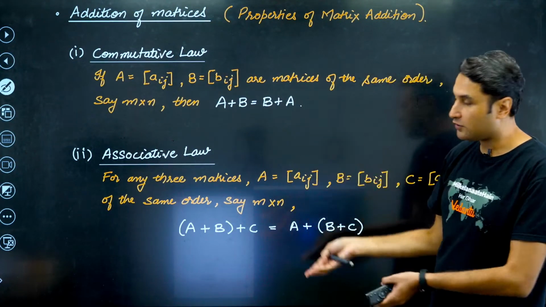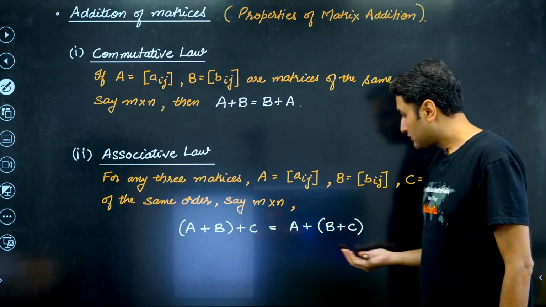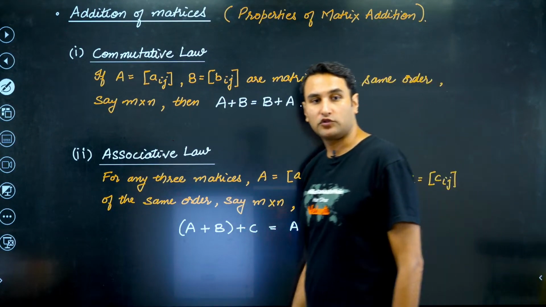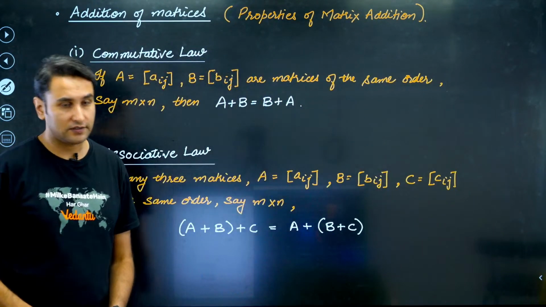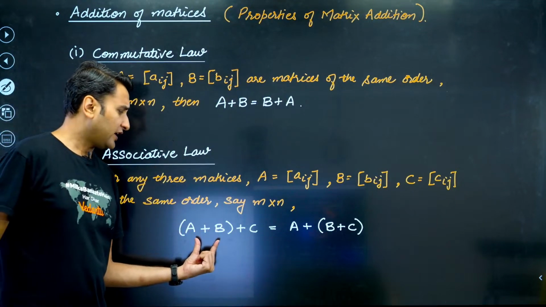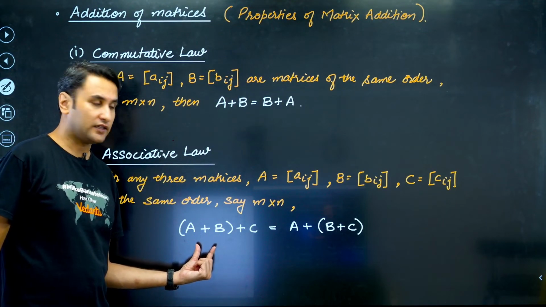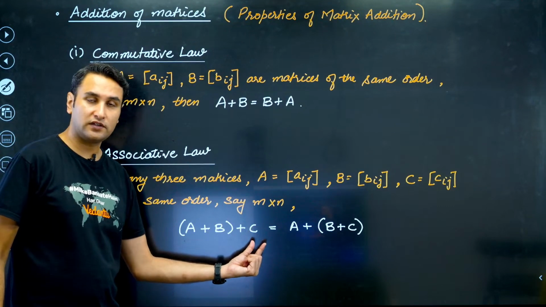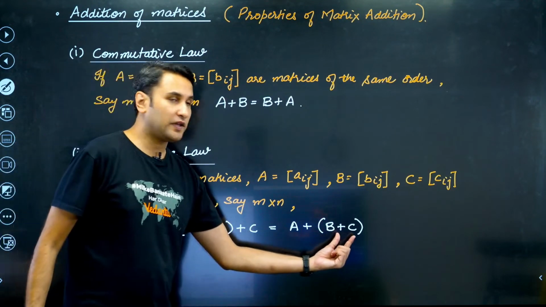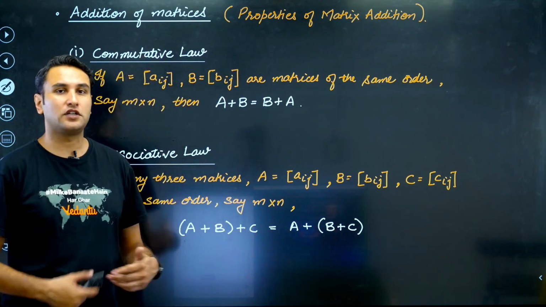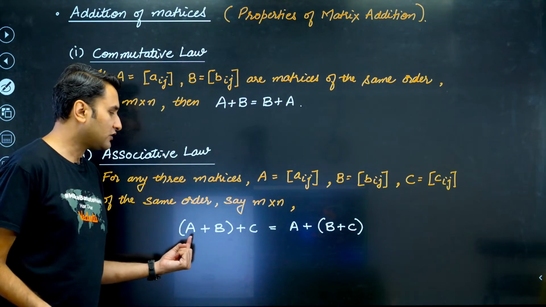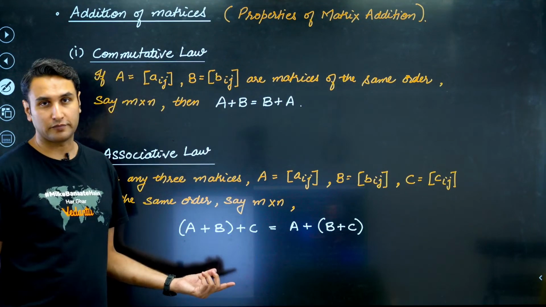And exactly because of that, it is also associative in the sense, you add A plus B first and then add it to C, or you add B plus C first and then add it to A. It does not matter. Finally, elements of all these three are going to get added up, right?